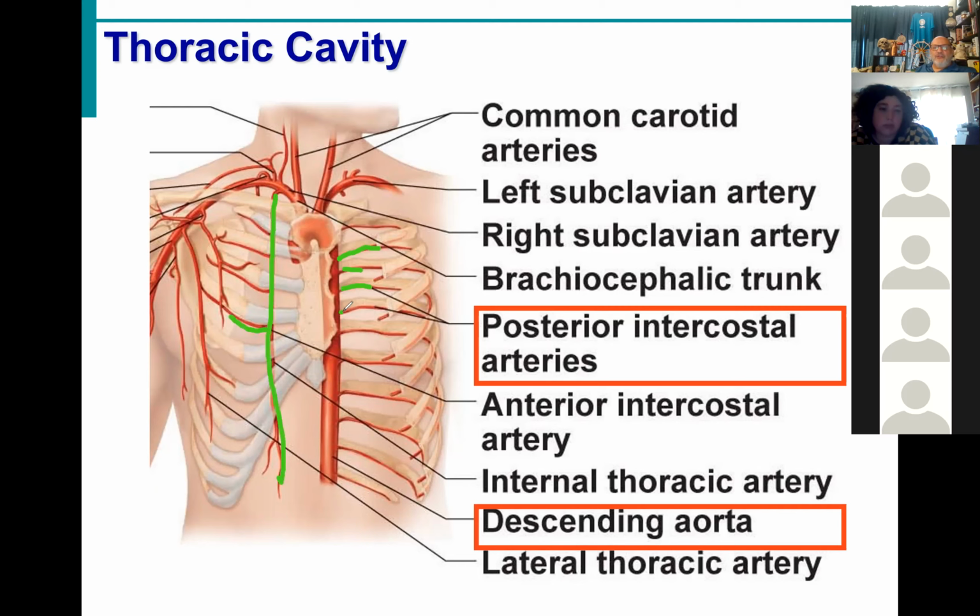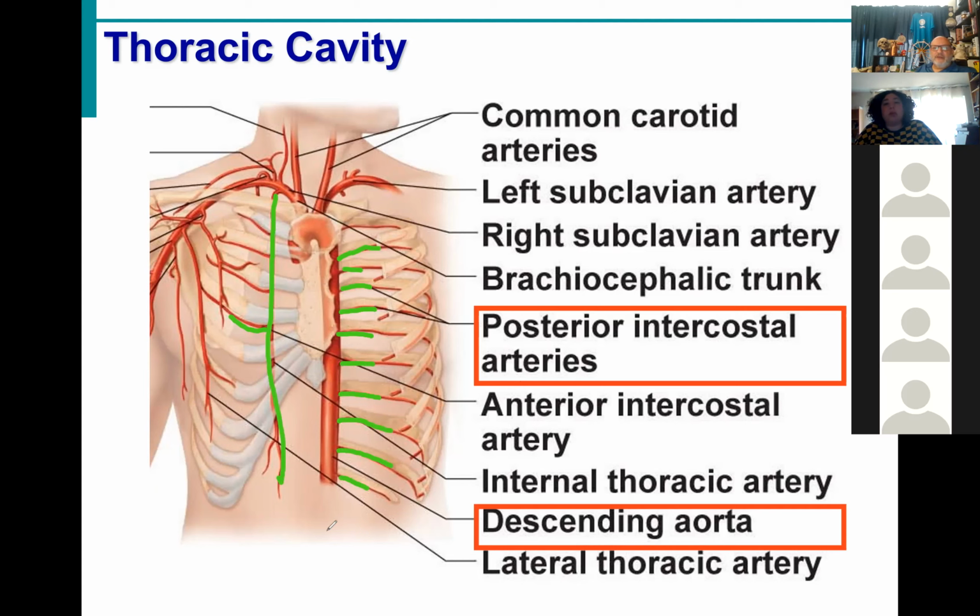So really the only major blood vessels coming off of the thoracic aorta are these blood vessels that sit in the costal groove of our ribs. And those blood vessels are the posterior and anterior intercostal arteries. So there's not a whole heck of a lot going on in the thoracic cavity.